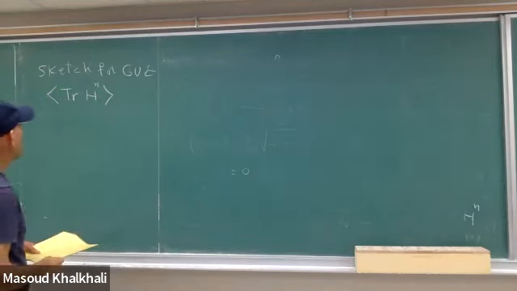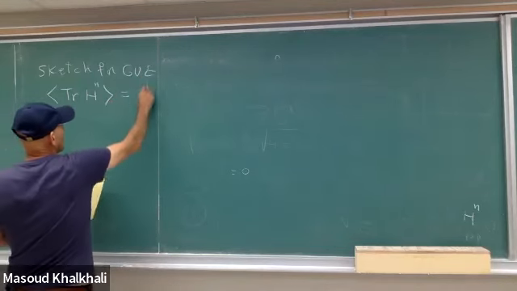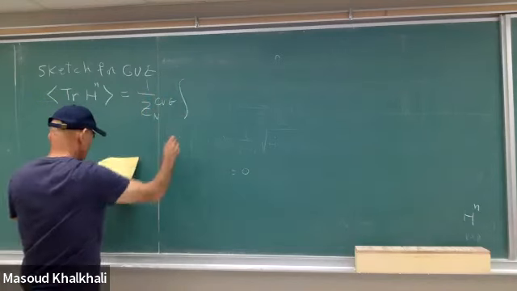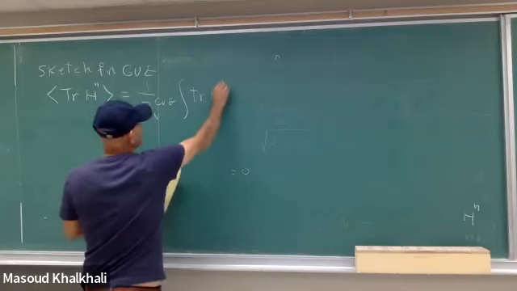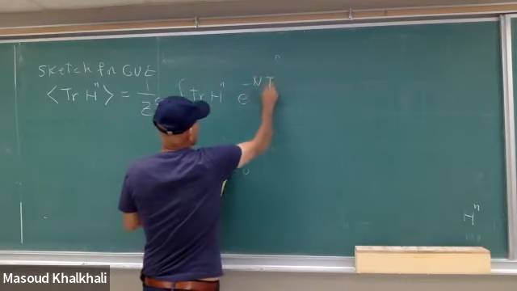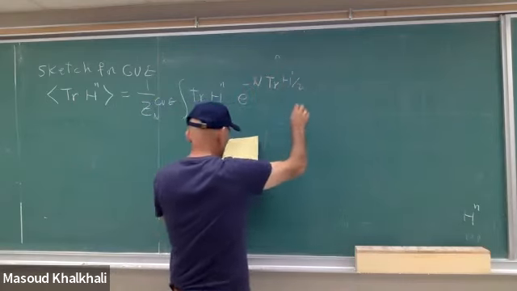Right? So if you notice, this is really just 1 over Z_n GUE, integral of trace of H^n times e to the minus n trace of H^2 over 2 dH.